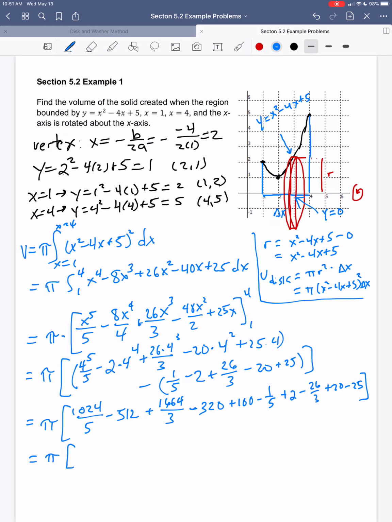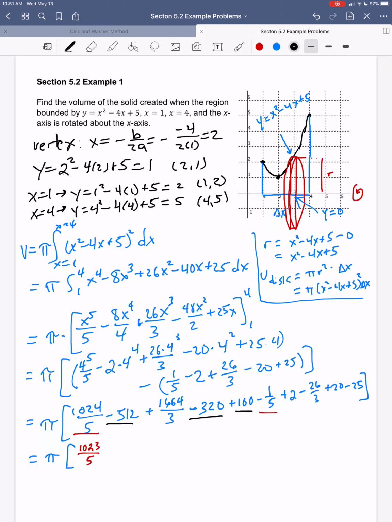All right, so we've got 1,024 fifths minus 1/5. So that's going to be 1,023 fifths. Let's see, I've got negative 512, negative 320, what was this?